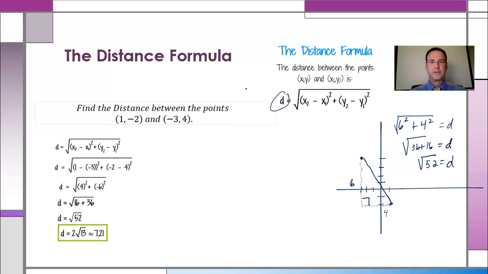I know you know what this work looks like. Again, these are your x's. We'll call this x2 and y2, and this is x1 and y1. If you were to input those values into our distance formula, you would get something that looks like this. Notice that this is very similar to what I had right there.